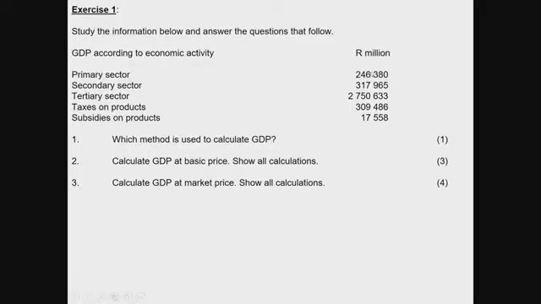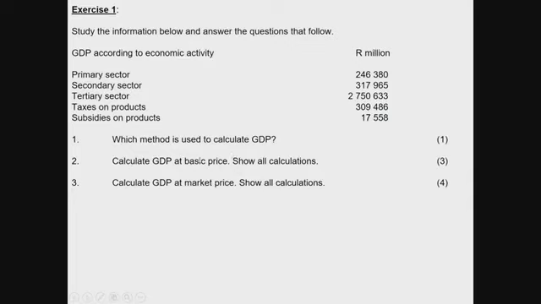It was the primary sector, which is 246380, plus the secondary sector of 317965, and then lastly plus the 2750633. So it's those three totals added together, which then gave me the 3314978.